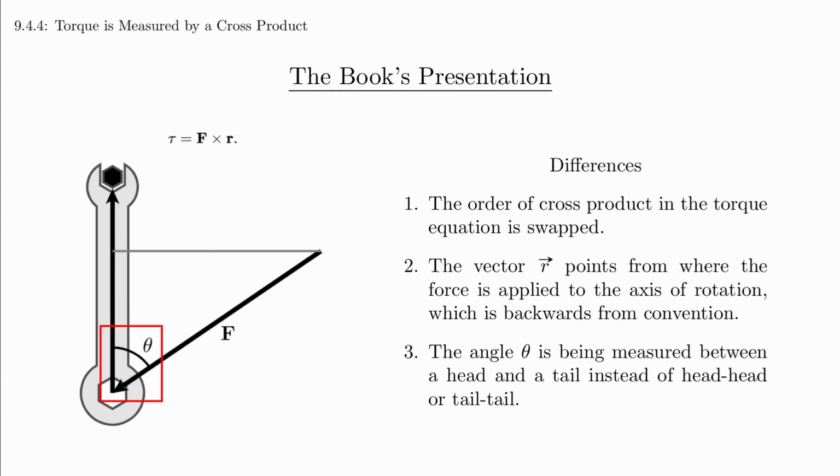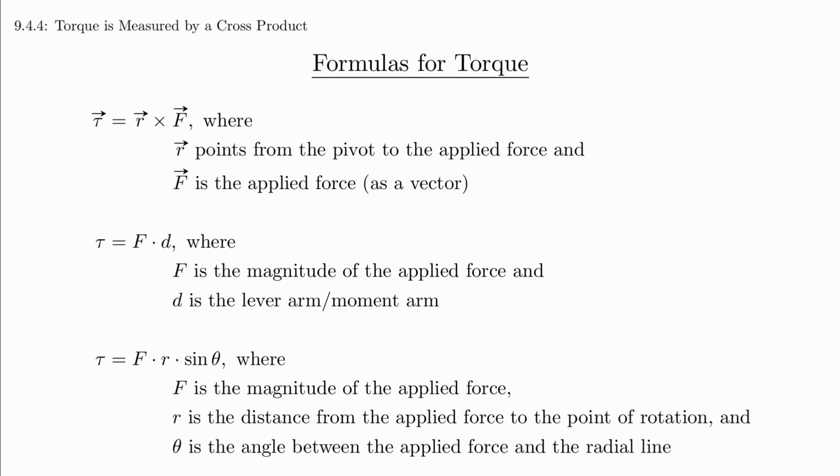Similar to the work problems with dot products, we're only going to look at the most basic applications, so at some level it doesn't even matter which way you do it. If you do look up more information and go deeper into the topic, you're likely to see other formulas for torque. Here are just some possibilities. The first equation is the standard version for physics using vectors. The second equation involves a concept known as the lever arm or the moment arm.